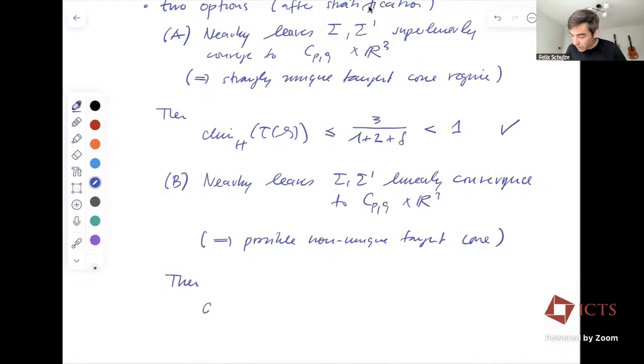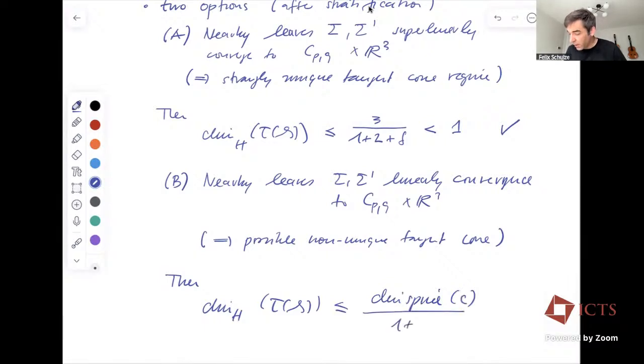Then the Hausdorff dimension of this tau of S. Now, you first would say, okay, dimension of the spine of C here would be divided by 1 plus 2 here. Okay, this is not good enough because this up here is 3, but the idea is we can replace this by the dimension of the spine of the Jacobi field.